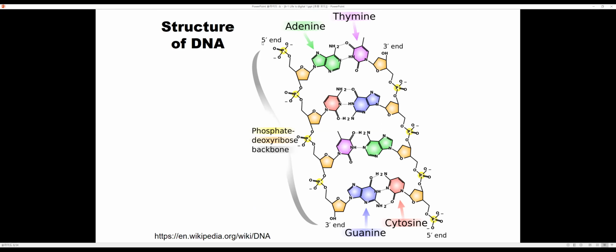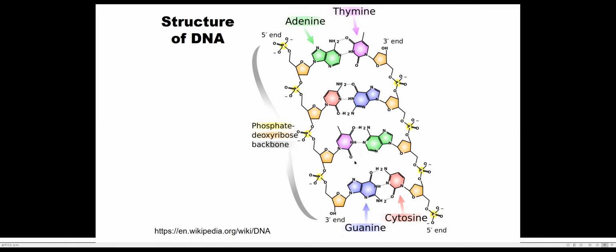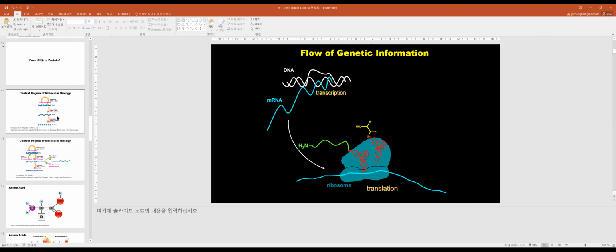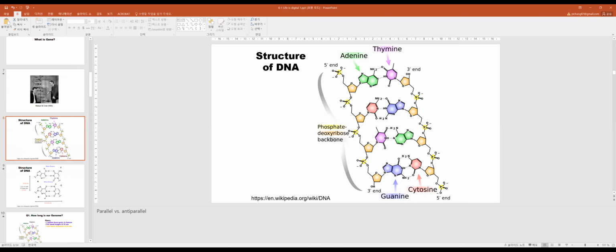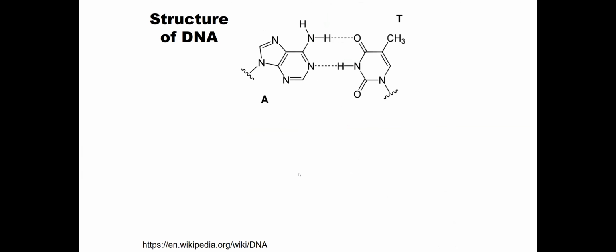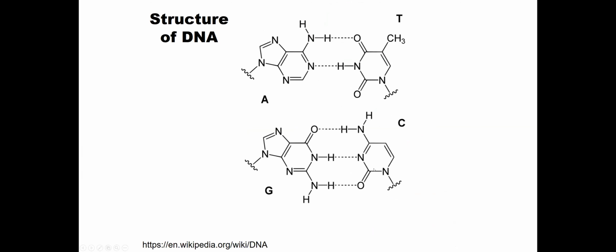Anyway, when they looked at that structure, this is the DNA structure. Now, if you look closely at this DNA structure, interestingly, there is only pairing of A with T and G with C. There is a fixed ratio that they recognized in early times.